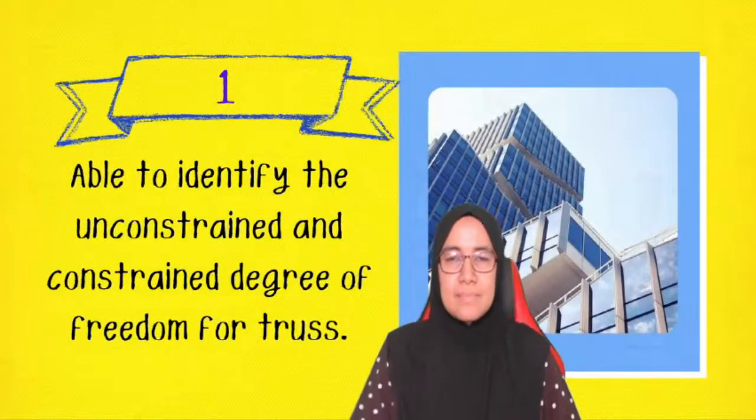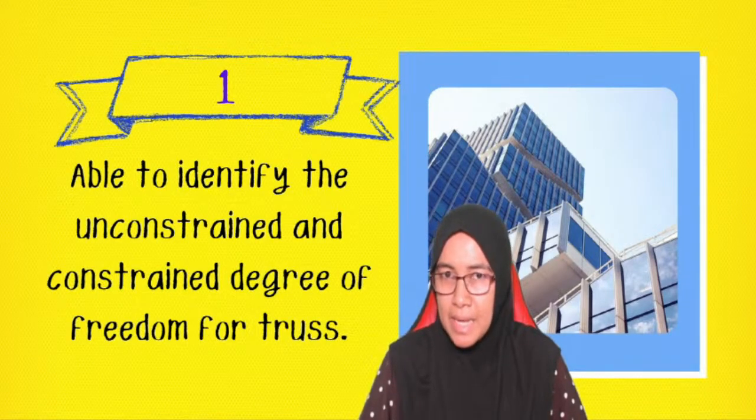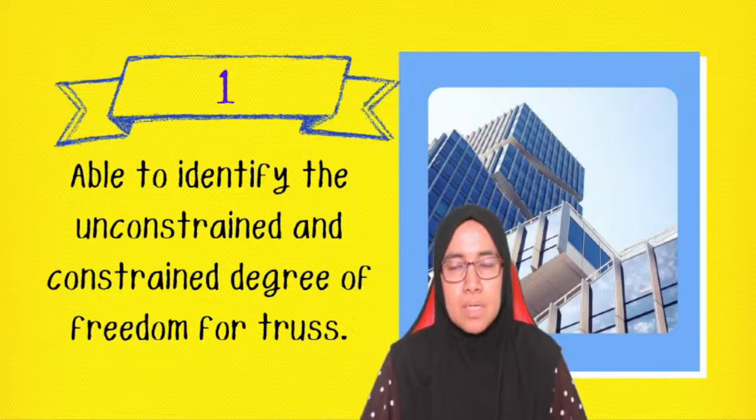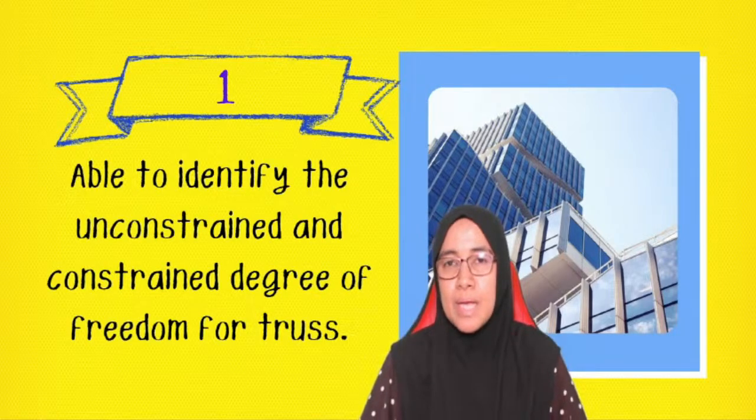Okay, in this session, we will continue truss analysis using the stiffness method. Okay, let's start now. Recall what we learned yesterday in part 1. The learning outcome for truss analysis using the stiffness method is that at the end of this topic, you should be able to identify unconstrained and constrained degrees of freedom for a truss.